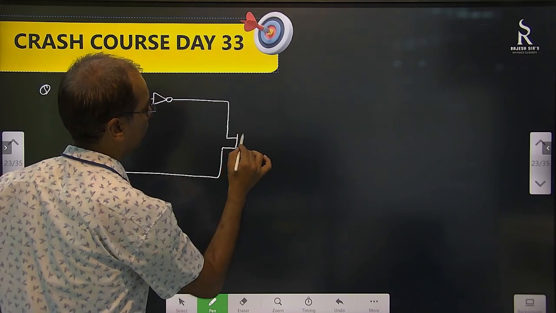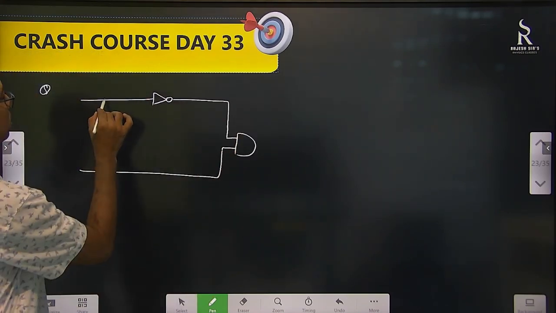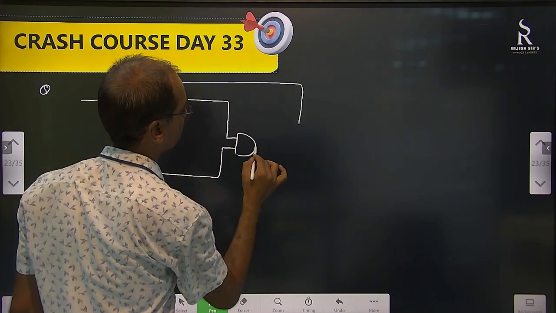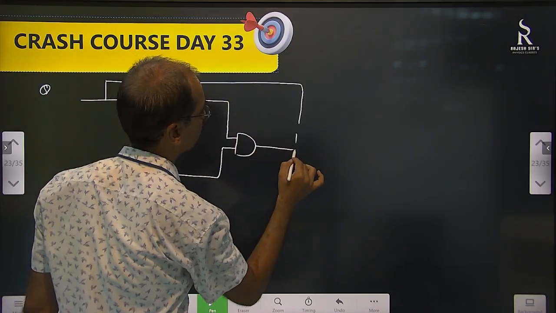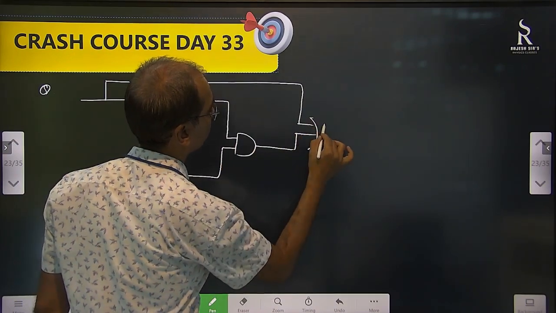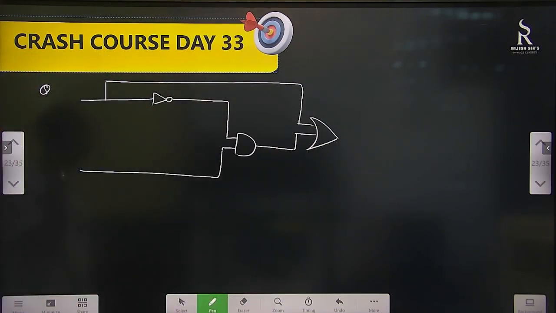Here we'll have AND gate. We'll have one more here. We'll make OR gate here. So NOT also done, AND also done, and OR also done. Okay. And this is output.